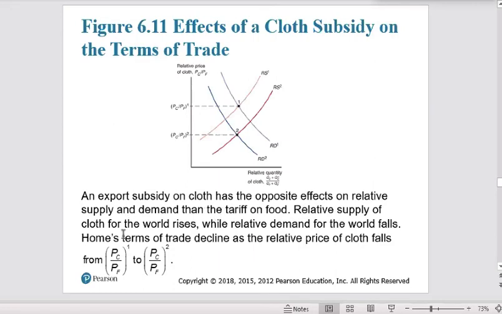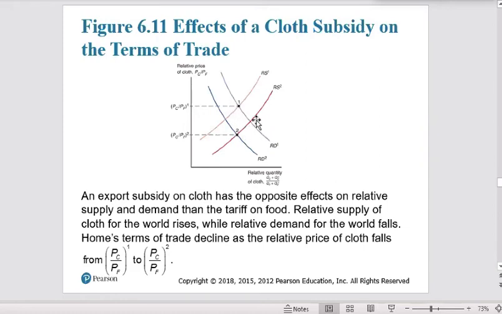The relative supply of clothes for the world rises because more farmers are changing jobs, they want to work in factories, they receive more money, so the relative supply of clothes will shift to the right, okay? Shift to the right. And while the relative demand for the world falls, home terms of trade decline because the home relative demand is also dropping, so you will have less of a shift.